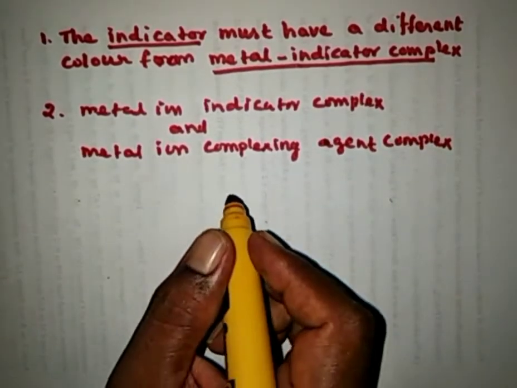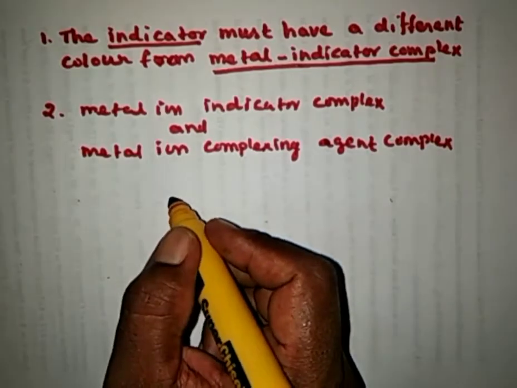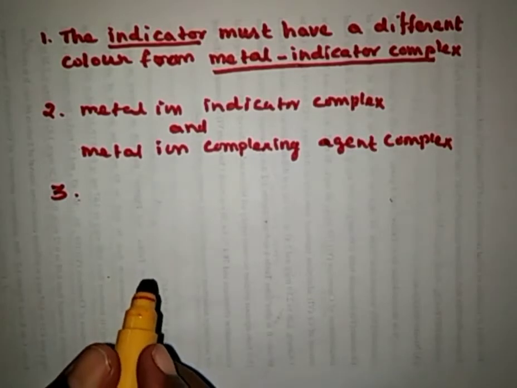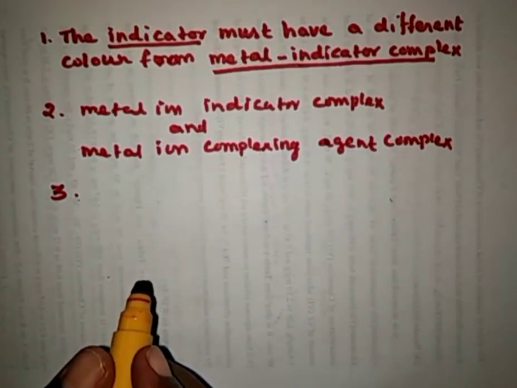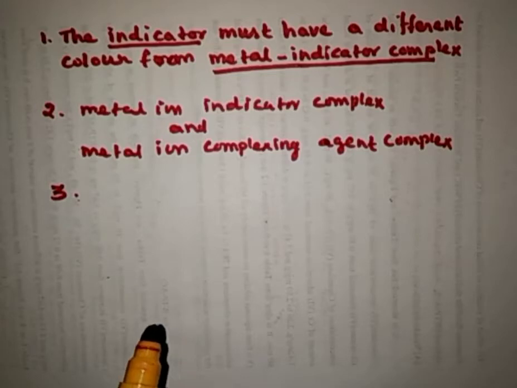So this must form in similar conditions. And another one is the complexing agent. The complexing agent metal ion complex must be more stable than the metal ion indicator complex.